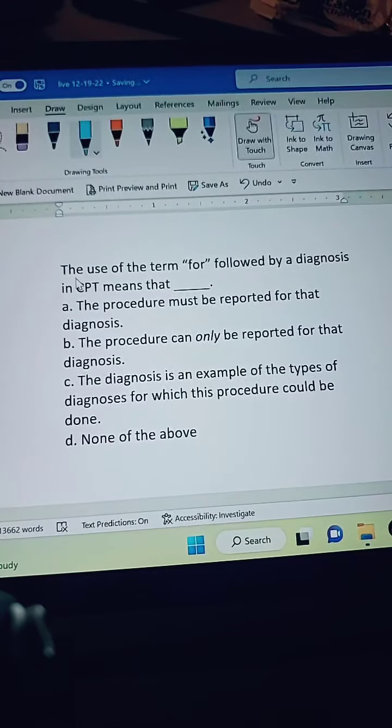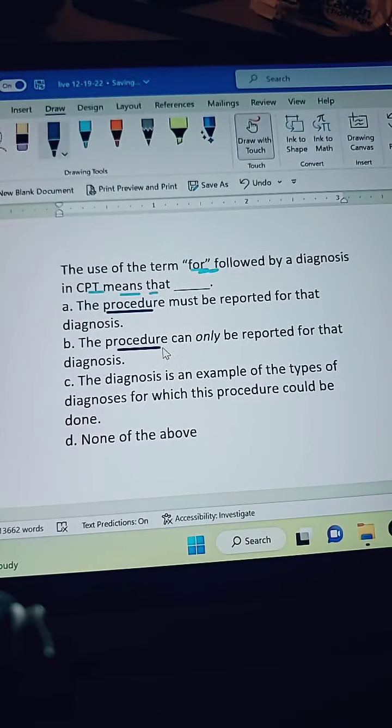All right. The use of the term "for" followed by a diagnosis in CPT means what? Is it a procedure, a diagnosis, or none of the above? So, you know me. If you have no clue, we're looking for similarities.